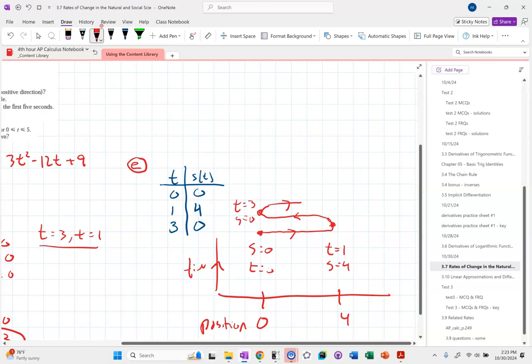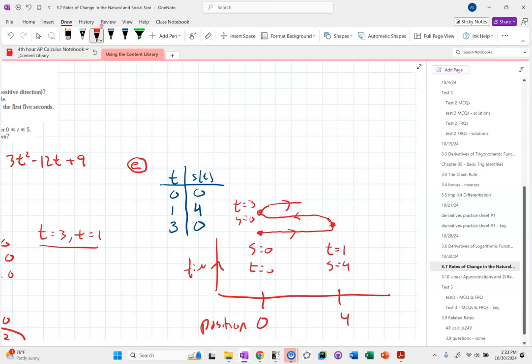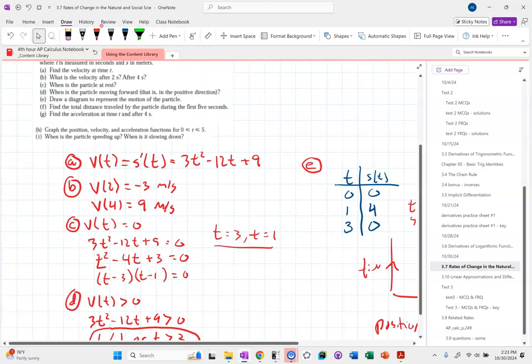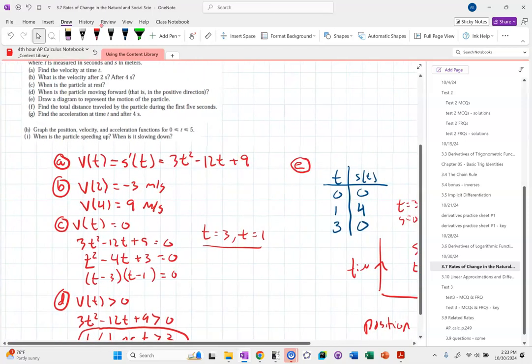I know that the velocity equation is telling me where the function is going to turn and change directions. So that's why I needed the times 1 and 3, and then I needed where it was initially to know whether it's tracing backwards or forwards. But that's the general idea there. That was what I needed to do.